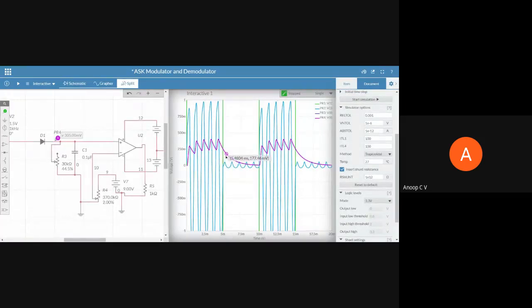Only at this point, the non-inverting terminal voltage will go below the inverting terminal voltage. Till then, the non-inverting terminal voltage will be higher, so we'll get a plus VSAT, and after this we'll get a minus VSAT. Is it clear?